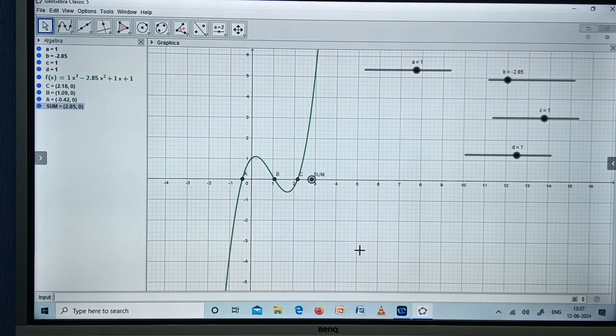What do you get? 2.85. I have found the sum. How did I find the sum? By adding the x coordinates of A, B and C.